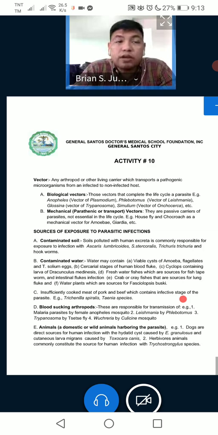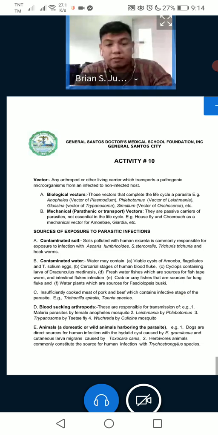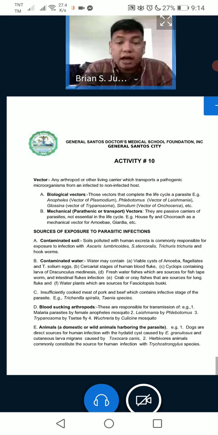The only role of the carrier vector is ikalat yung infection. Examples are the housefly and cockroach as mechanical vectors of amoeba and giardia, and other amoebic infections.